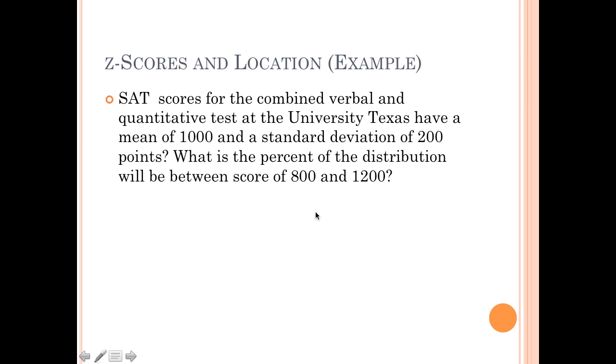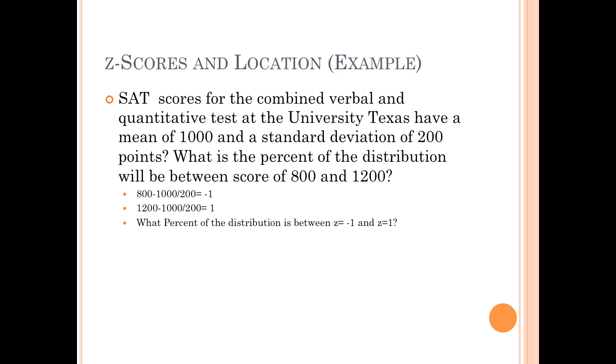So SAT scores for the combined verbal and quantitative test at the UT have a mean of 1,000 and a standard deviation of 200. What is the percent of the distribution that will be between a score of 800 and 1,200? The first step is you need to calculate z-scores for both 800 and 1,200, which are the same.